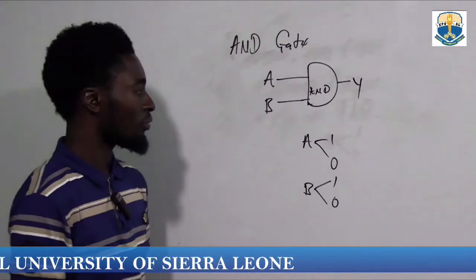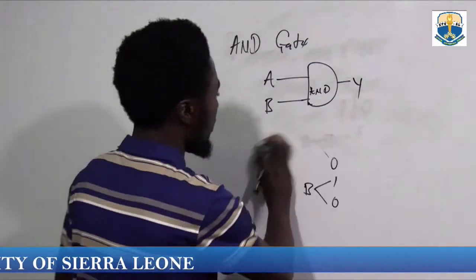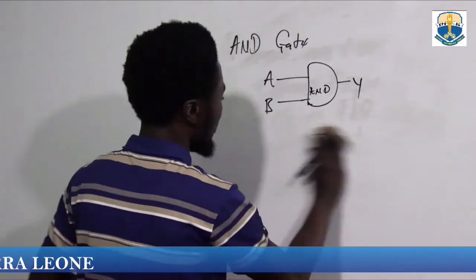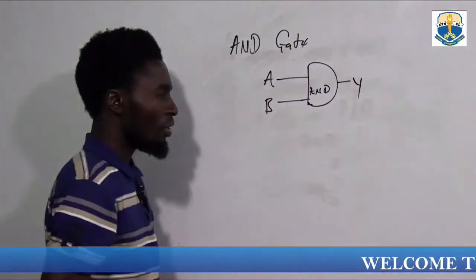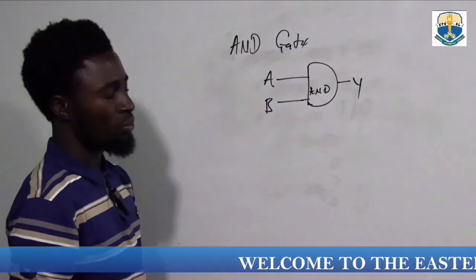But let's see what will be the expected output for the inputs passing through the AND gate.